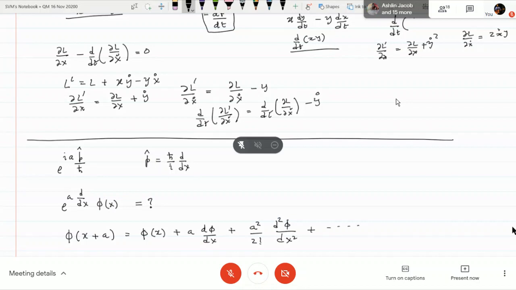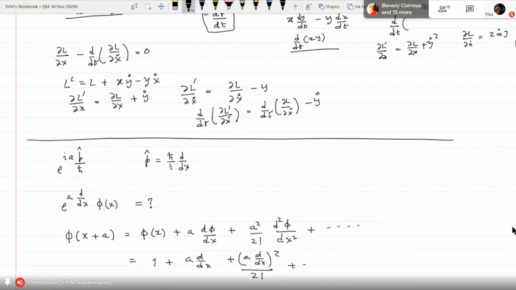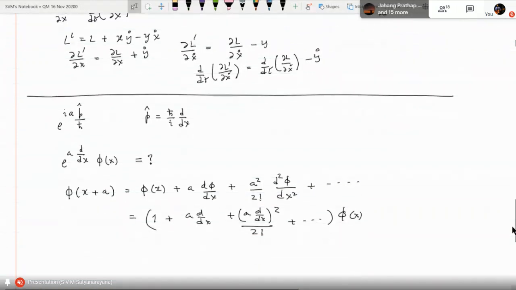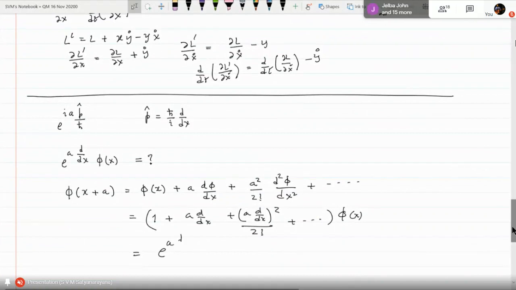So I can write this as 1 plus a d by dx plus a d by dx whole square divided by factorial 2 and so on, acting on this function. So this operator translates: it is equal to e to the a d by dx acting on phi.